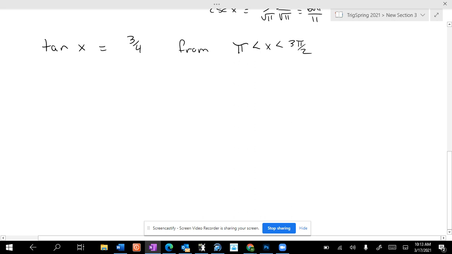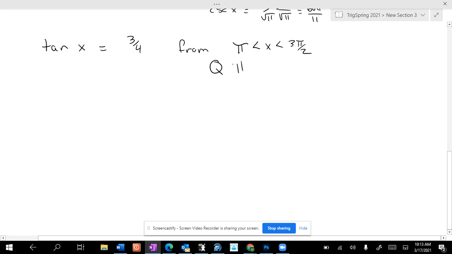What does that mean? Well, this tells me where I'm at. What quadrant would this be in? Pi, 3 pi over 2. X is somewhere in between there. That would mean I'm in quadrant 3.